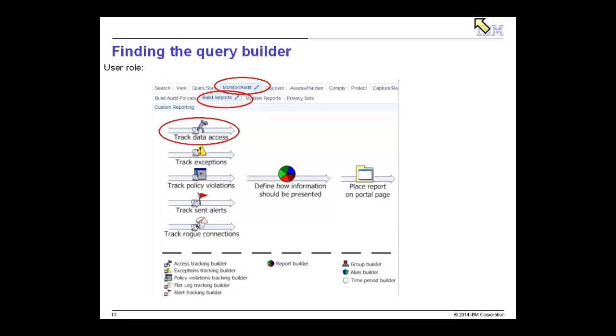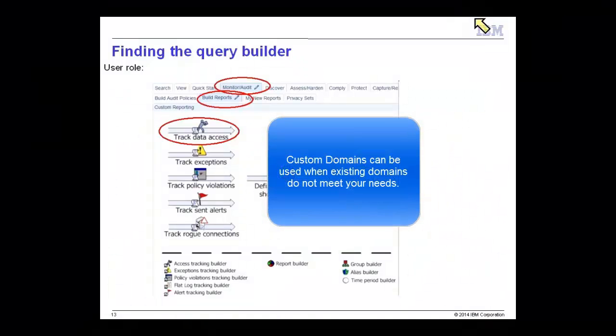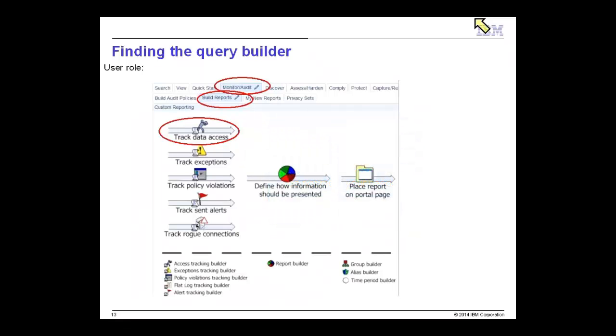there is functionality in the system that I didn't plan to cover today, which is custom domains, which enables users to create their own domains, and those domains can contain custom data that is uploaded by the users to the system, or entities that are already defined in the system, including all the access entities and all the exception entities, and can be combined.